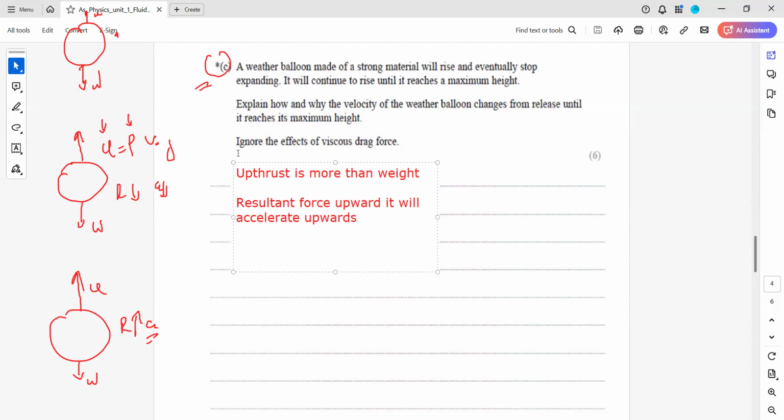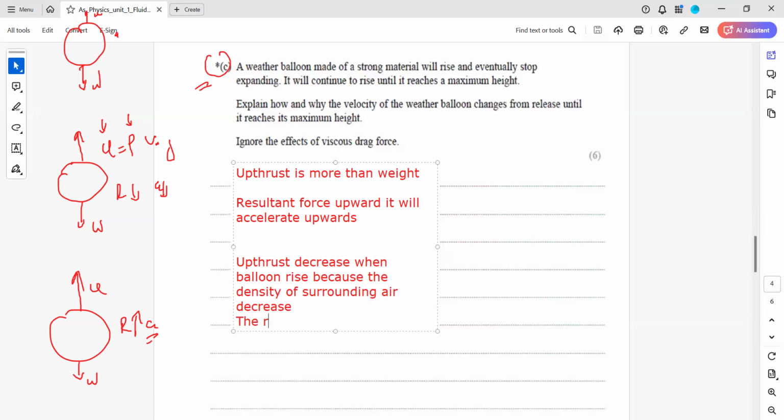Then the second point: the upthrust decreases as it rises, when the balloon rises, because the density of the surrounding air decreases. The resultant force decreases, which reduces the acceleration.